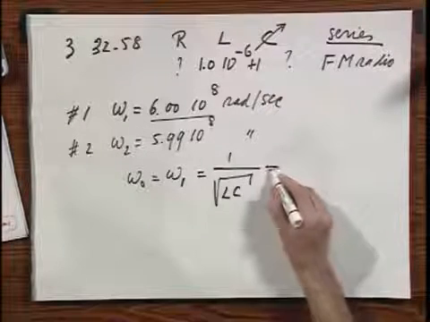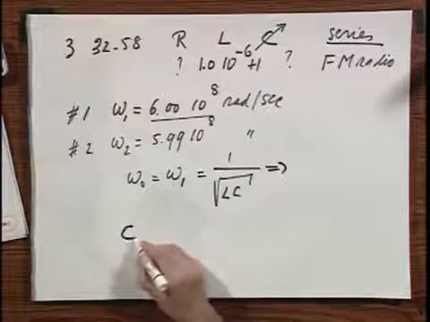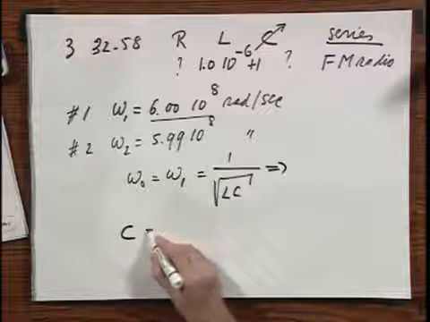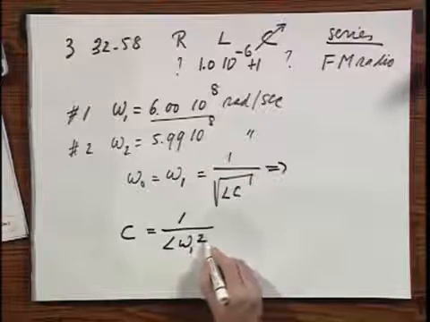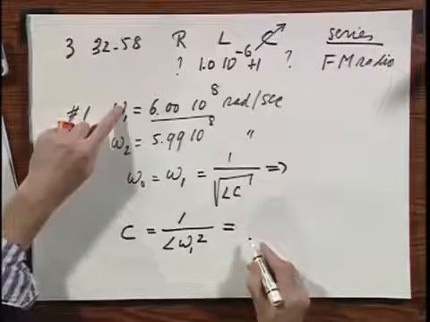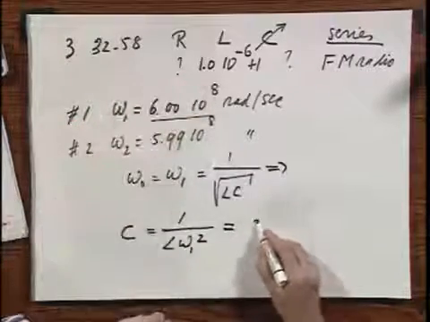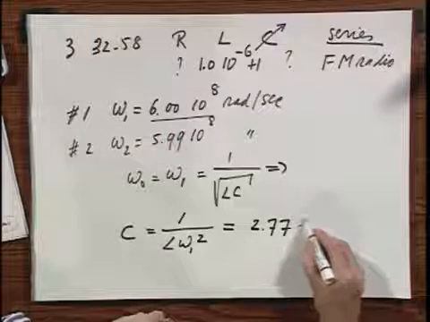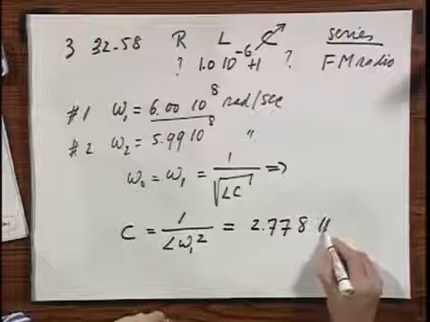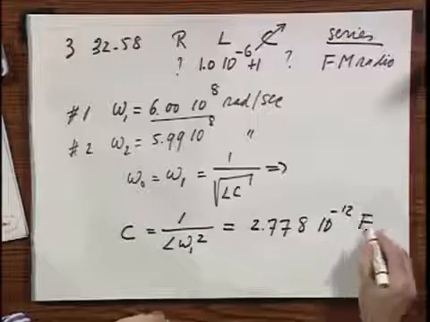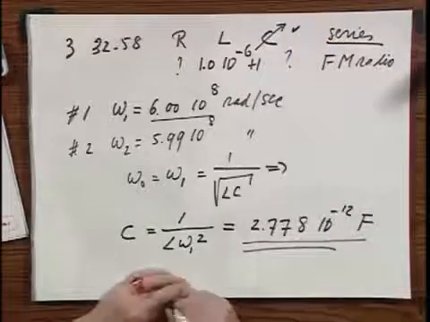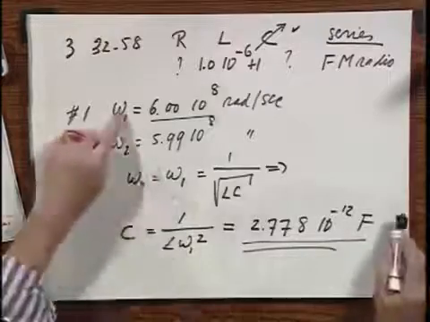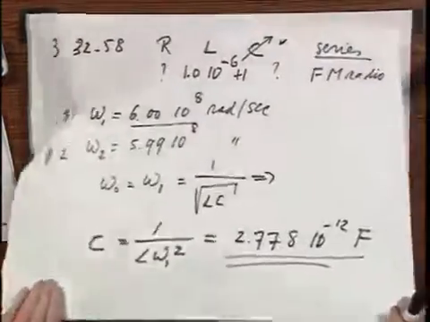And so you'll find that C, I square this, equals 1 divided by L omega 1 squared. I know what omega 1 is, I know what L is, and I found, I could have made a mistake, 2.778 times 10 to the minus 12 farad. So I know how I should tune C in order to receive omega 1 at its resonance frequency.